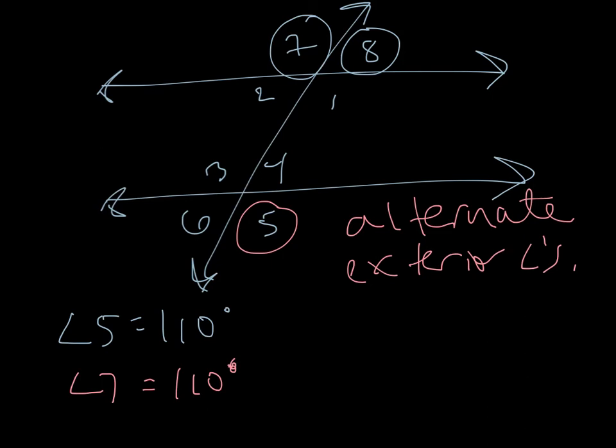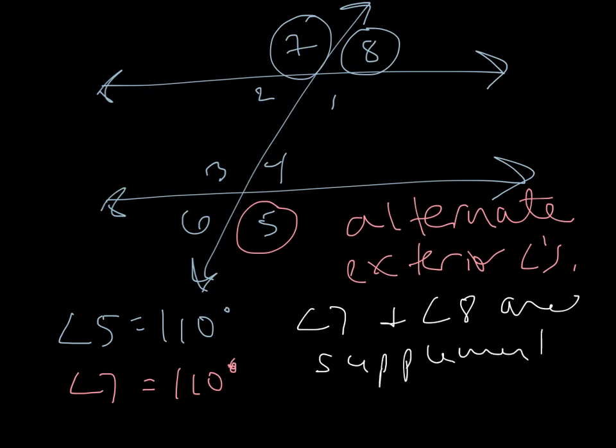And then angle 7 and angle 8 are supplementary. So that would be your reasoning to say that angle 8 equals 180 minus 110, which is angle 7, and that equals 70 degrees.